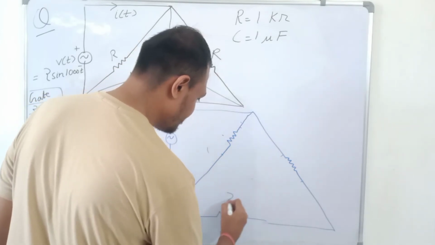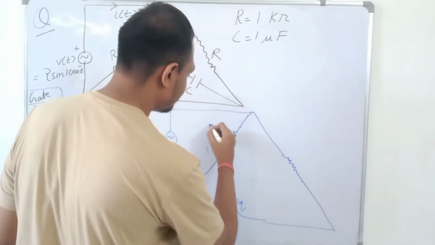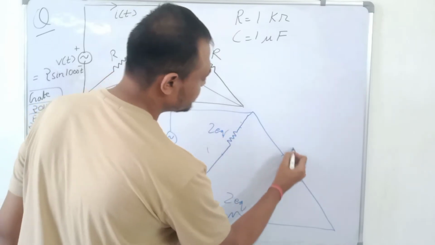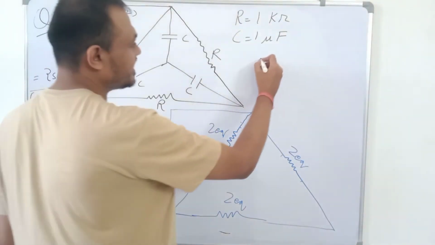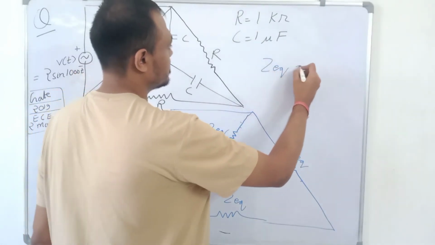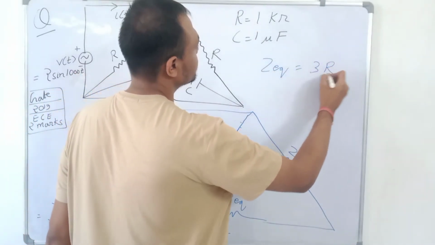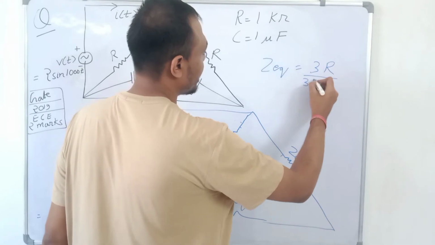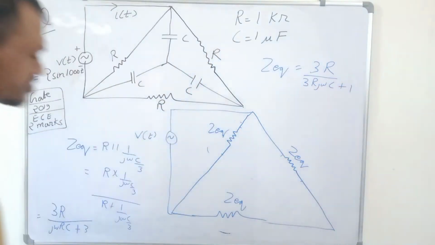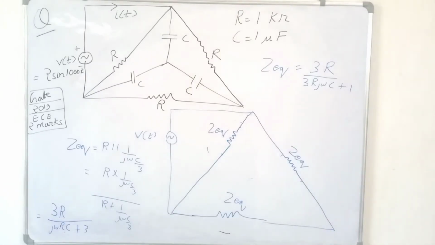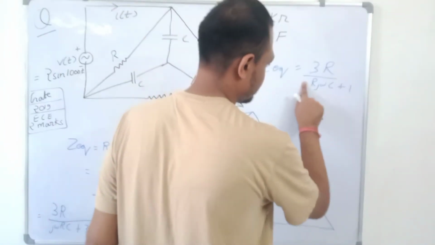This is the equivalent impedance, and the value of Z equivalent is 3R upon 3 plus j omega RC.